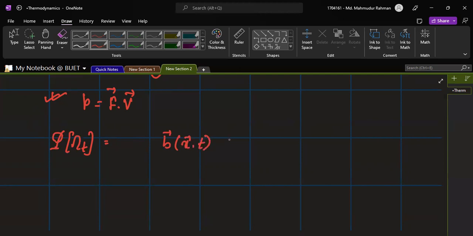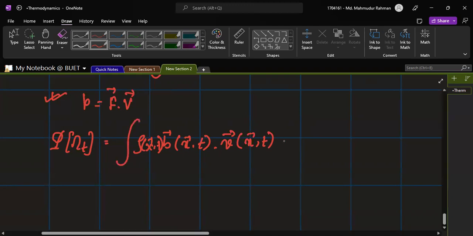So how about the power per unit mass? The power per unit mass would be the force per unit mass times the velocity. What is the mass? We don't have any expression for mass, only mass per unit volume, so we have to multiply it by the density field. So this expression gives the power per unit volume, but we have a continuous body, so we have to integrate it over the entire volume, dvx.